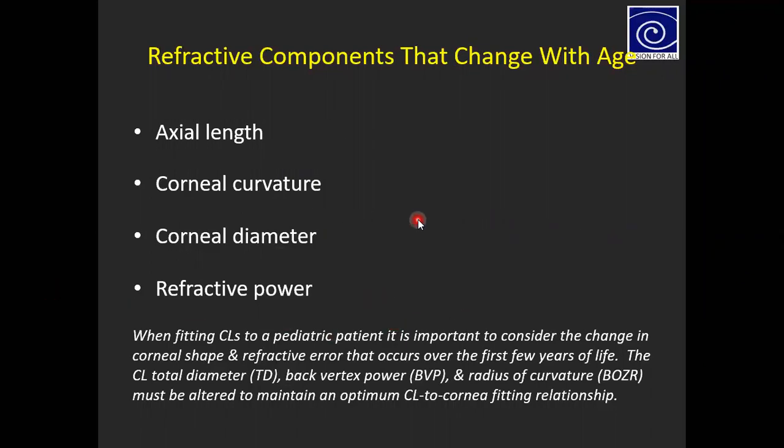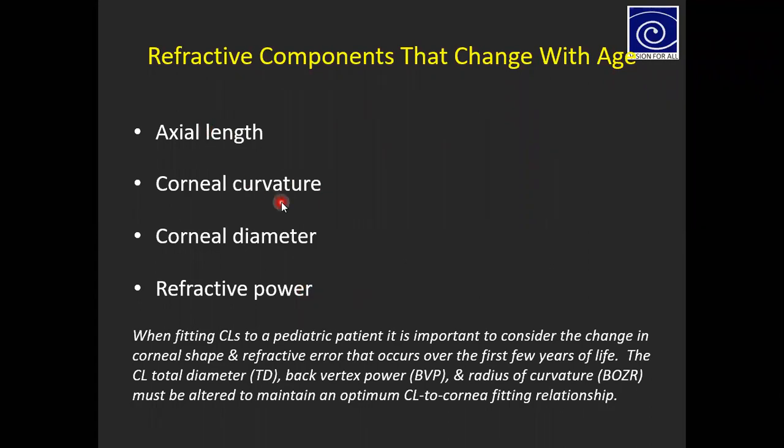So while fitting children with contact lenses, especially pediatric patients and infants, these are some points that should be kept in mind: their eyes are different from an adult eye. And that's why in a contact lens there is a base curve as well as a diameter, two very important components.